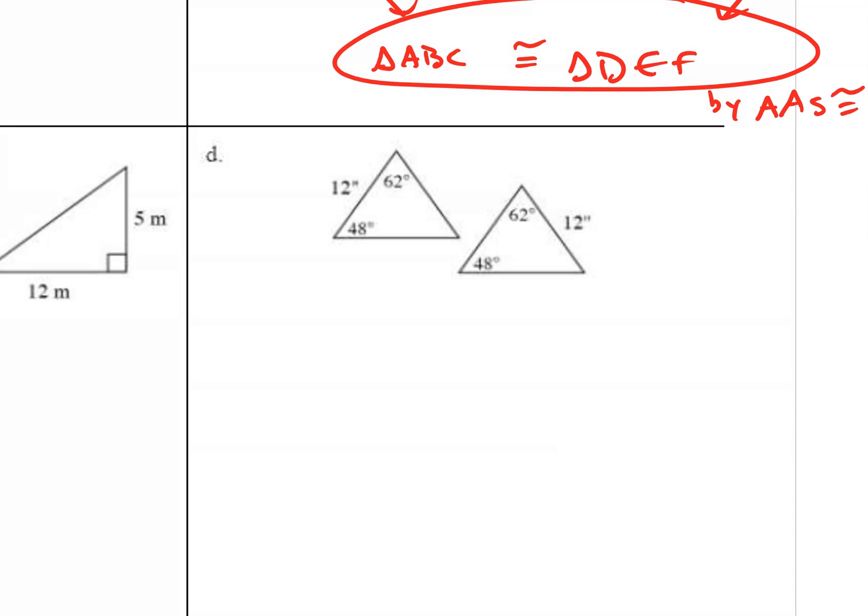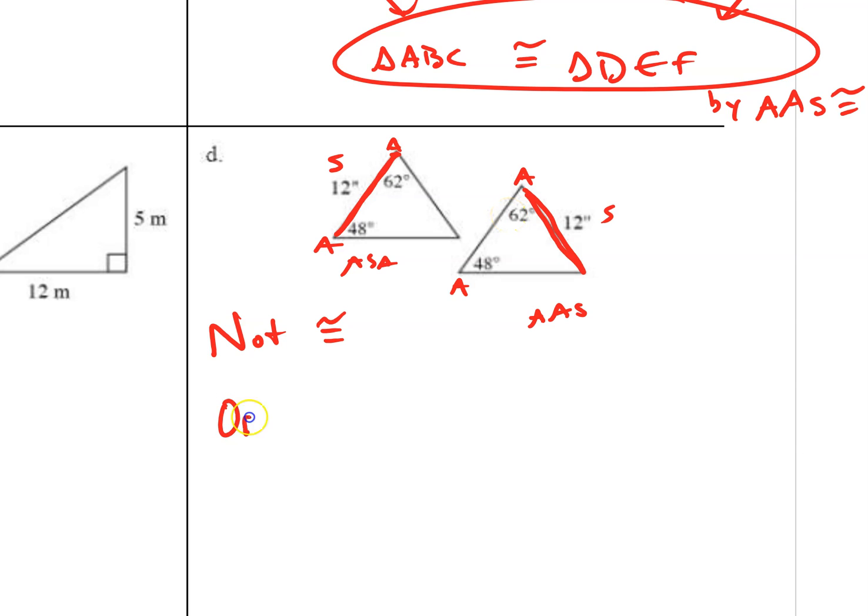If you're looking at D, these are actually not congruent. Why? Well, look at our two angles that match. Here's the first angle that matches. Here's the second angle that matches. Notice on one triangle, it's an ASA triangle, the side's in the middle. So this is ASA. And then the other one is set up for AAS. The side is not in between the two angles. So you can write that in words.